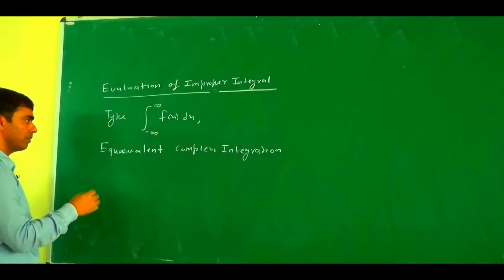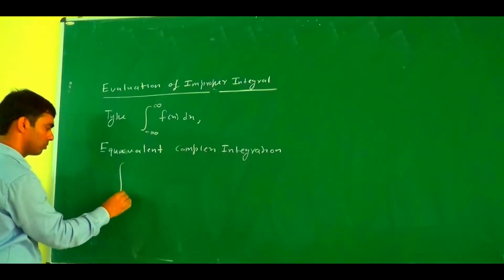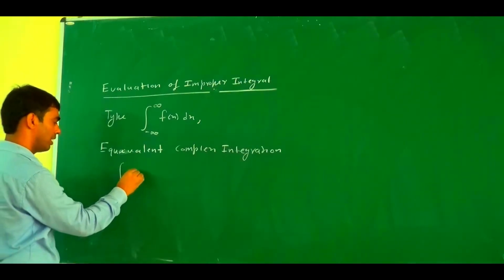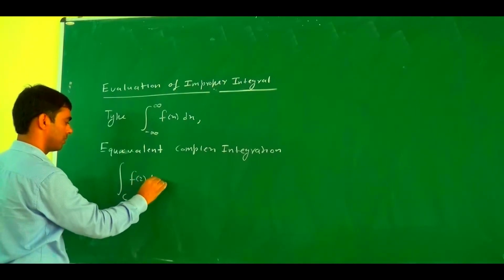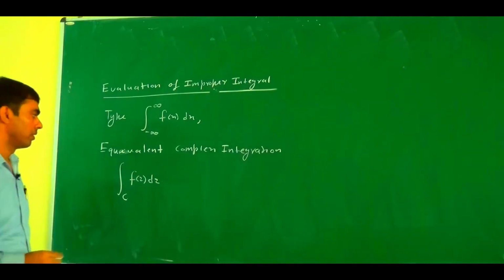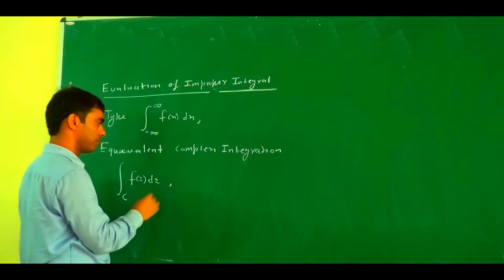So how do we write this one? Integrate over C f(z) dz. So what is the property of f(z)?